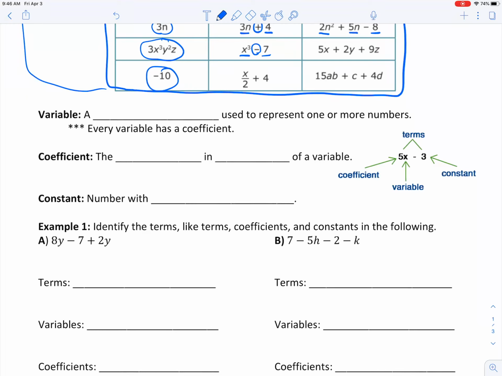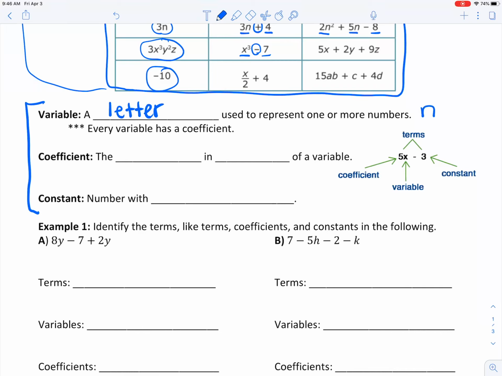So these following vocab words are really the main part of today's lesson. Okay, we have the word variable, which we've actually used in class before. A variable is a letter used to represent one or more numbers.